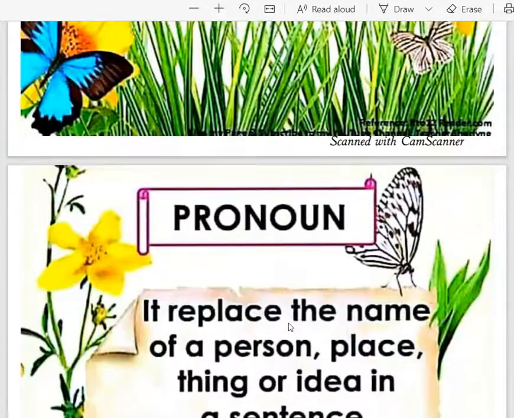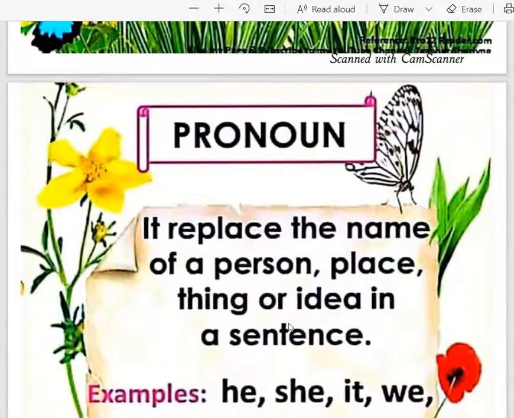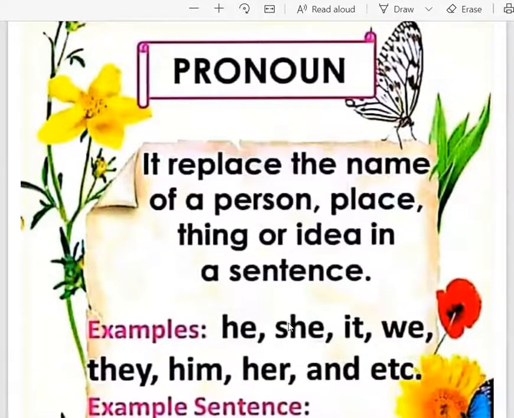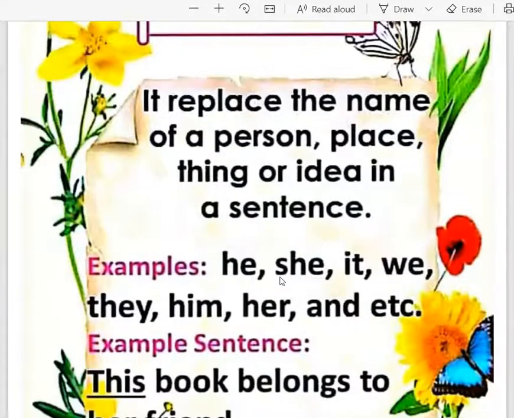The second parts of speech is pronoun. So what is a pronoun? It replaces the name of a person, place, thing or idea in a sentence. So the name of person, place, thing or idea is noun. The word which replaces a noun is called as a pronoun.